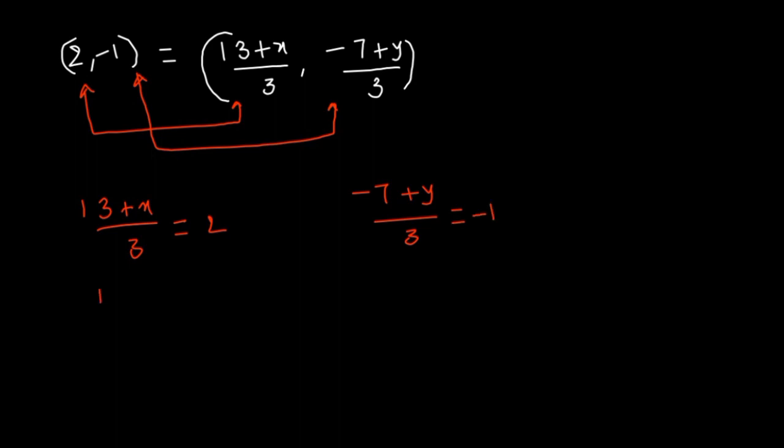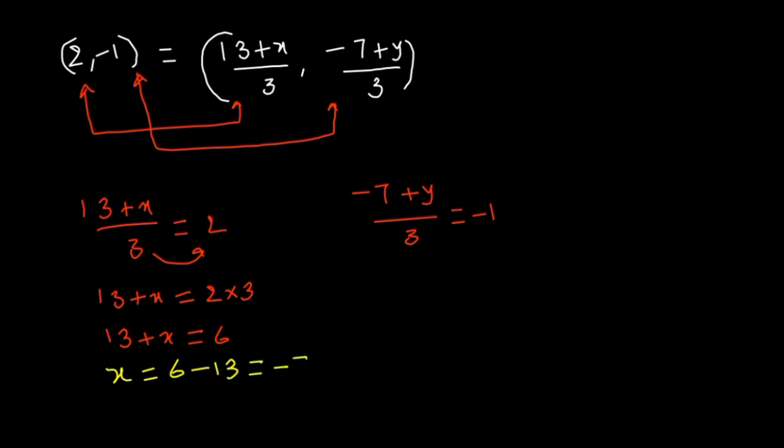Okay, so multiplying both sides by 3, 13 plus x is equal to 6, so x equals 6 minus 13, which is equal to -7. And here -7 plus y, transposing, equals -1 into 3, which is -3.